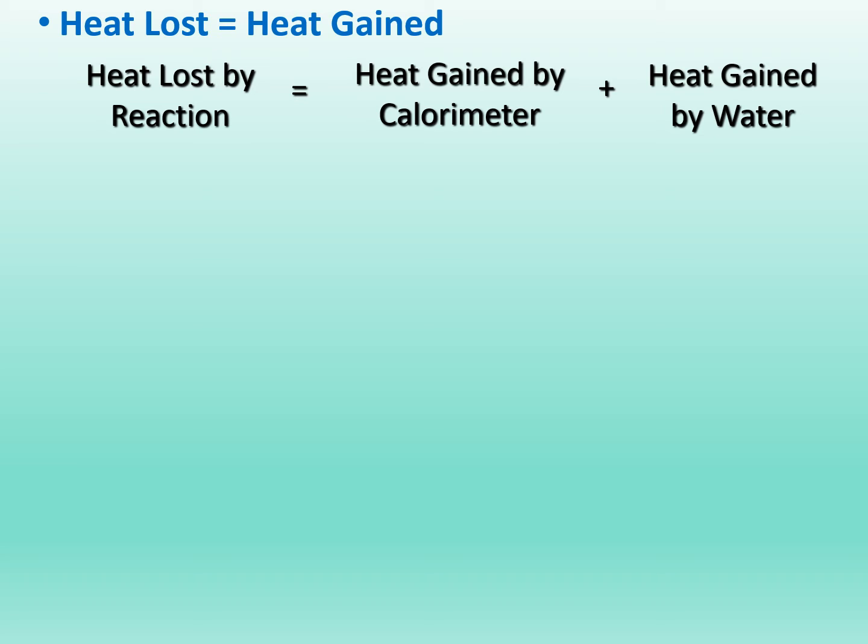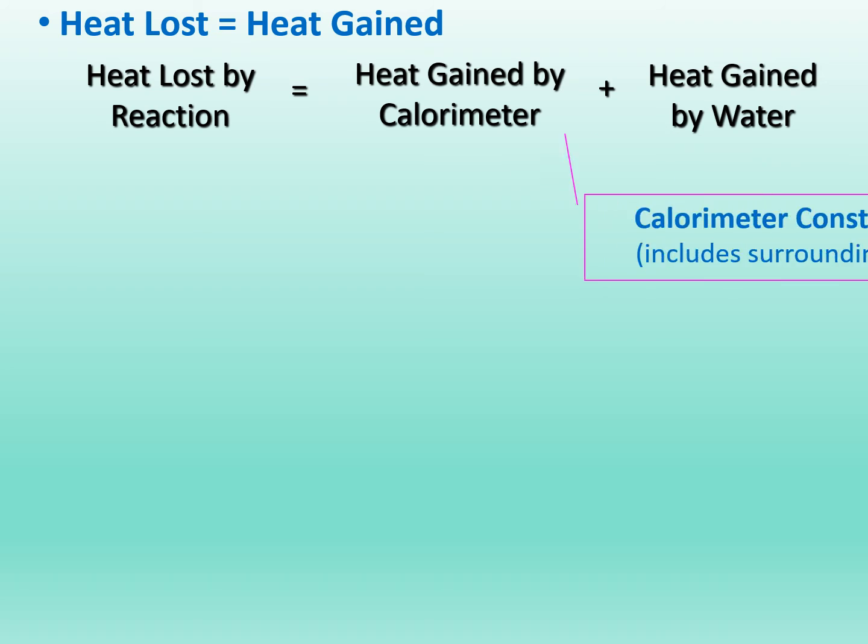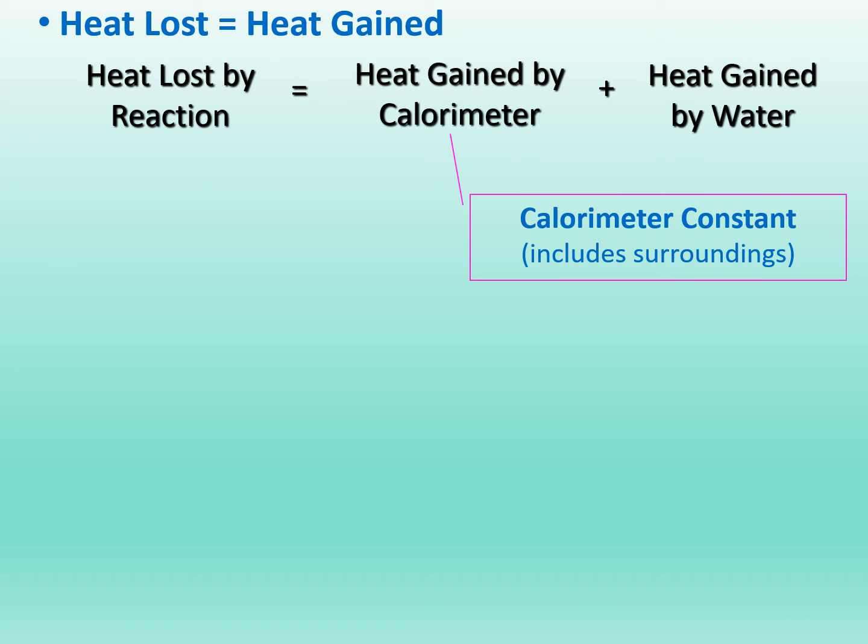Now, looking at that, the reaction releases heat. Ideally, in a perfect world, it would all go into the water. And in a good calorimeter, the vast majority of it goes into the water. But we also have some that doesn't.